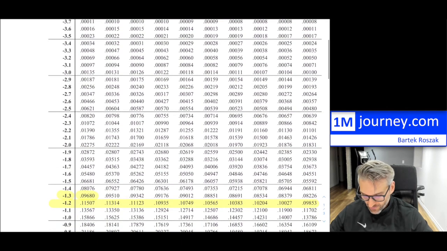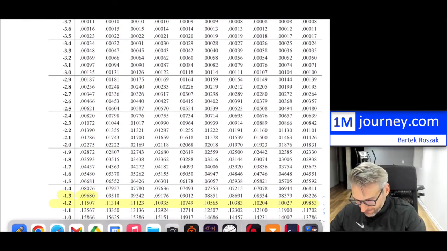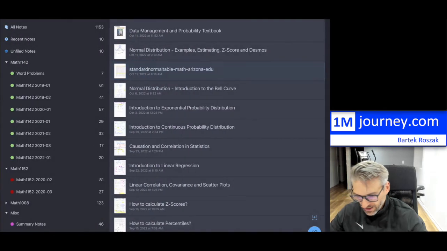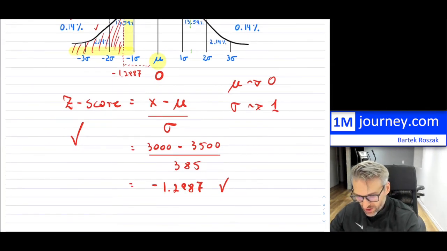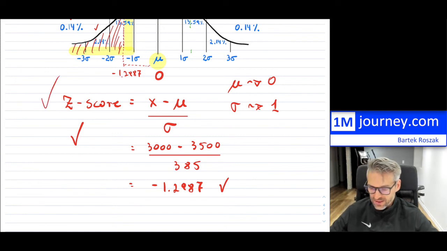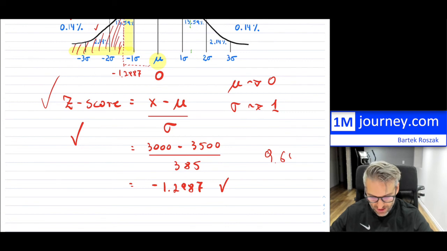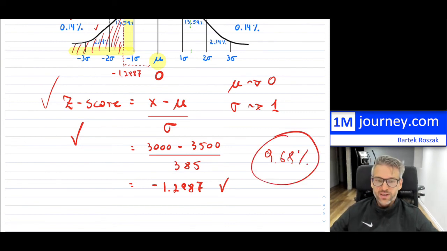All right, so that's what we would have had, 9.68%. I just looked it up from the table. So this is utilizing z-score tables for the standard normal distribution. So 9.68% would have been the probability to the left of the curve.